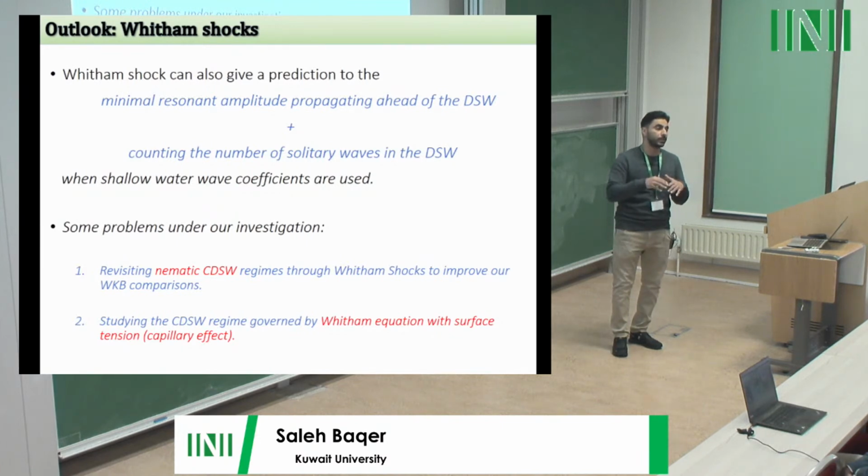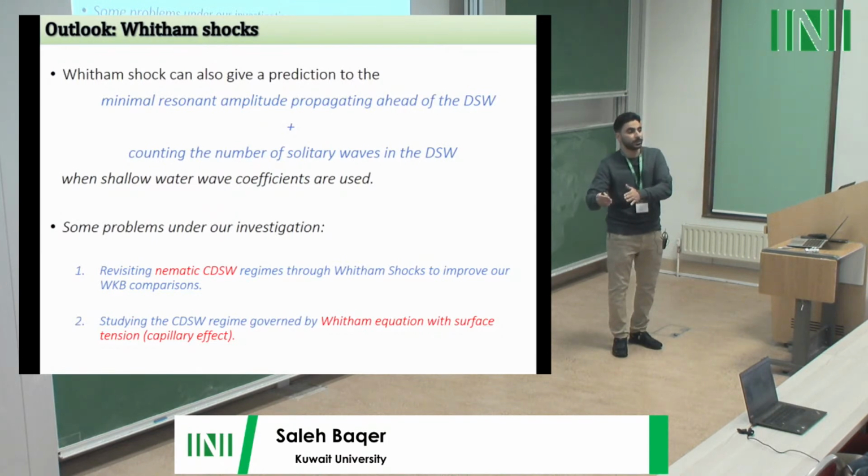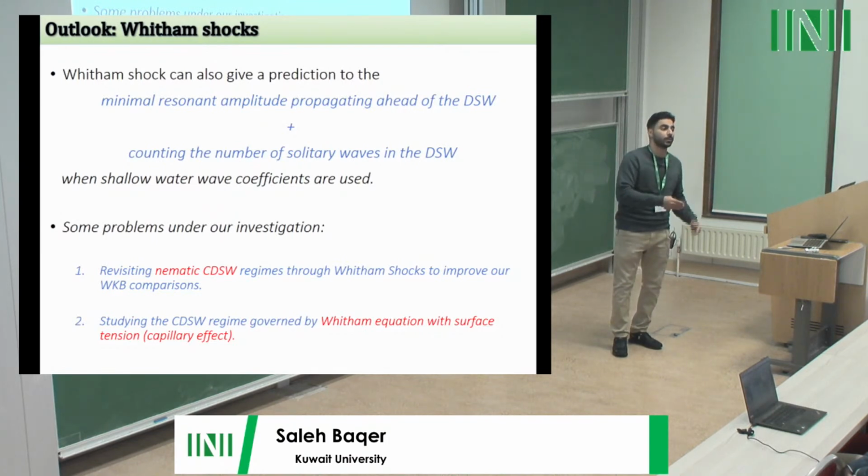Pat and Mark have shown that the Whitham equation possesses non-classical dispersive shock wave solutions and have solved the traveling dispersive shock wave by Whitham shock. So if there is a classical dispersive shock wave and a traveling dispersive shock wave, there has to be in the middle a crossover dispersive shock wave that you can solve using Whitham shock.